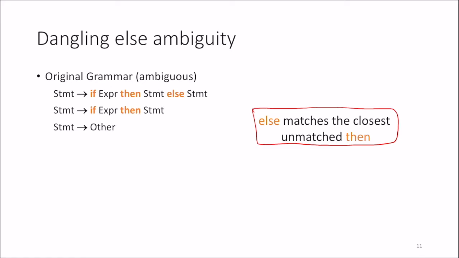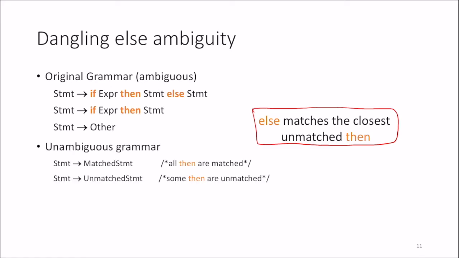It's not a precedence rule, but it's a rule that can be used to make the grammar unambiguous, right? Because it picks one tree over the other. One way to do this is, and this is not a trivial way to do it, because it takes quite a bit of thought to get to this unambiguous grammar. I'm just going to show you how you can write an unambiguous grammar for this, assuming this kind of disambiguation rule.